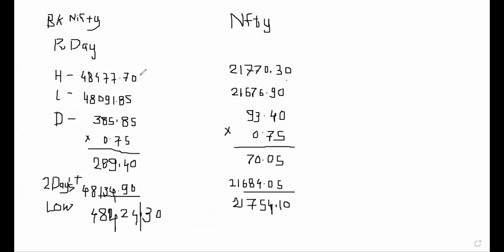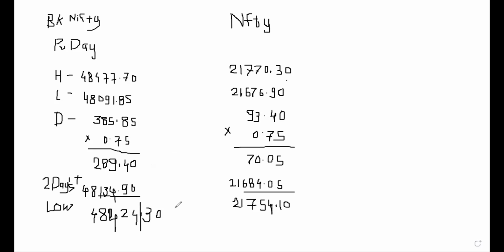It doesn't make a difference. And this was the low. So this was the difference and multiply over 289.4. Unless we get a move of 289.4 points today, market will not give a move.